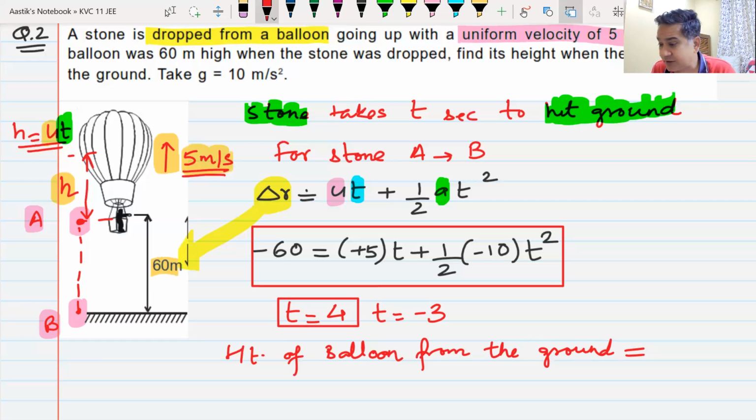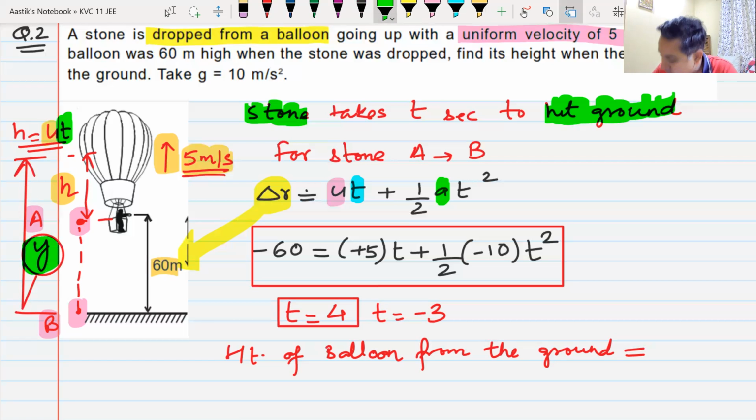No one knows what is the height of the balloon from the ground? The answers are not going to come out of the whiteboard. How do you find out the height of the balloon from the ground? Look at the diagram. This is the height of the balloon from the ground. This y. What is the value of this y?